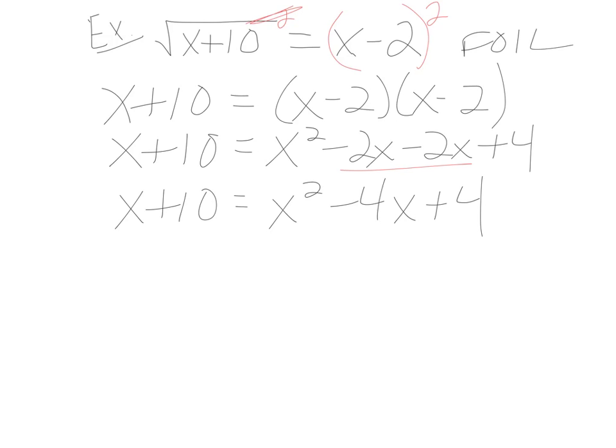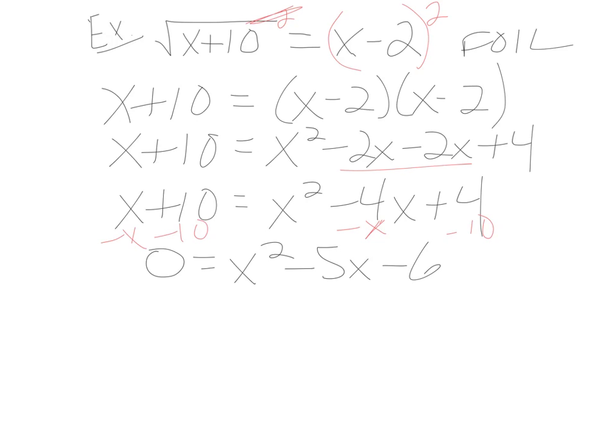I also want to keep my x squared positive, so I'll move the x and I'll move the 10 over to the right side. That will give us 0 equals x squared. I already have a minus 4x, and I'm subtracting another x, so minus 5x. And then 4 minus 10 would be minus 6.